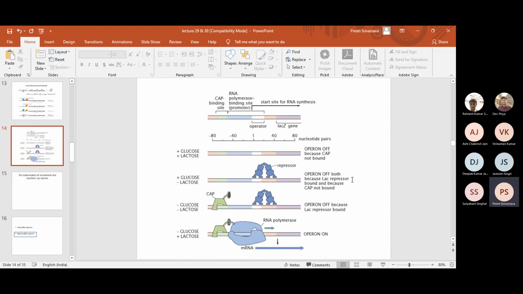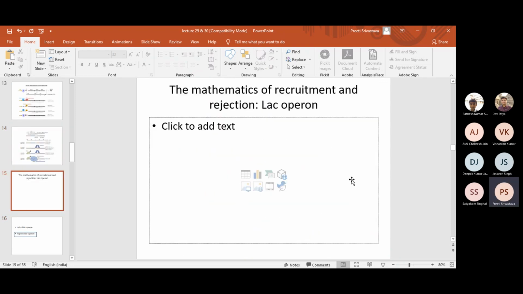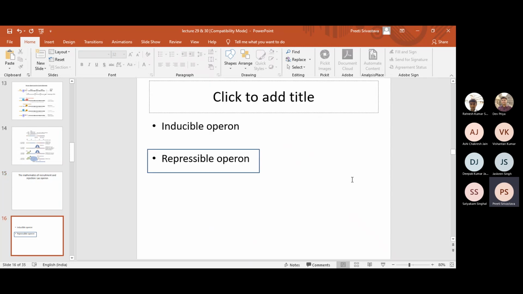It's another diagram which explains the same, and I have to tell you that people have worked a lot on the lac operon, on the mathematics of recruitment and rejection, and in fact Professor Narang in our department has contributed a lot, and even now his lab is working a lot on the lac operon. There are still many things unanswered, so his lab has developed several models.